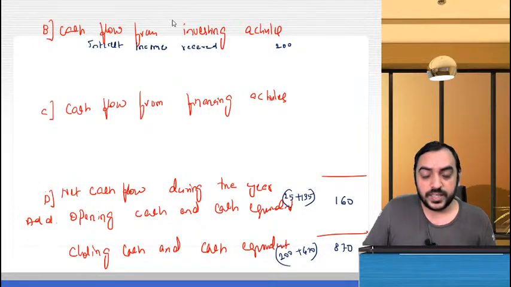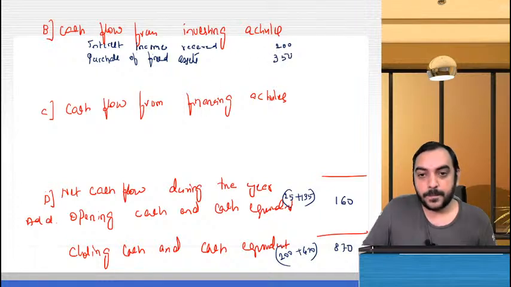In the investing activities, purchase of fixed assets 350, and sale of fixed assets, sale of equipment, whatever it is, 20.